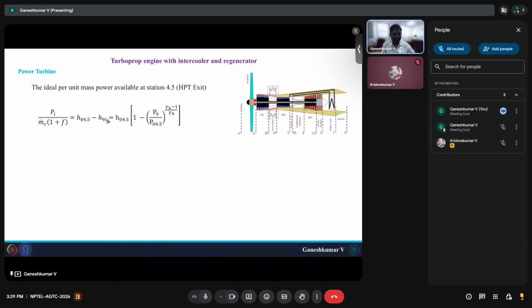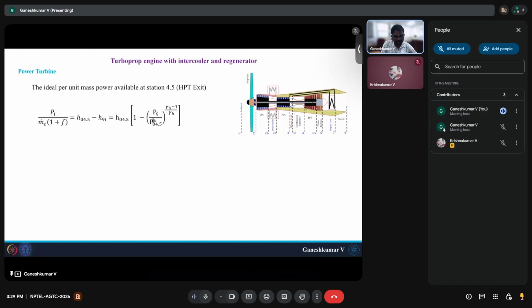9I here is because of ideal expansion: if you allow the gases to expand from 4.5 to 9 ideally in an isentropic way, so this is an isentropic process, what is the total amount of energy that can be extracted is what we are trying to get from here. Which is going to be H04.5 minus H9I, equal to H04.5 into 1 plus... You can write it in terms of temperature, and then convert it in terms of pressure.